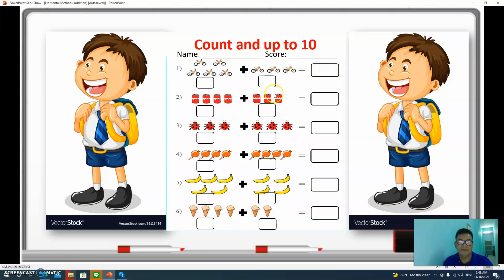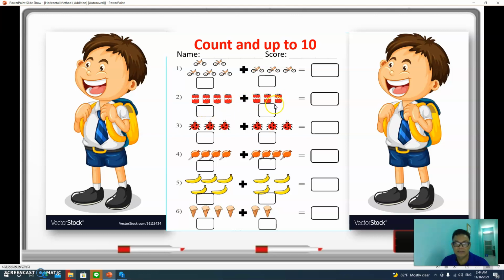Number 2. We're going to add this also. It is a thread. 1, 2, 3, 4. 4 plus 1, 2, 3. If you add 4 plus 3 equals 1, 2, 3, 4, 5, 6, 7.